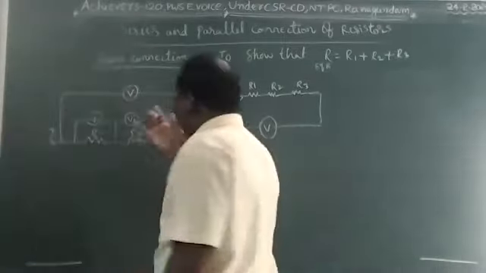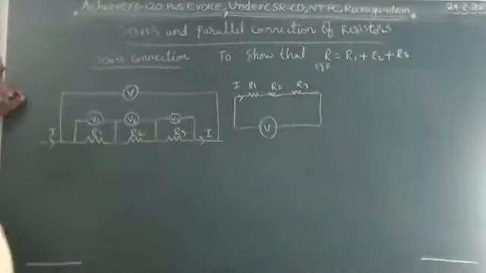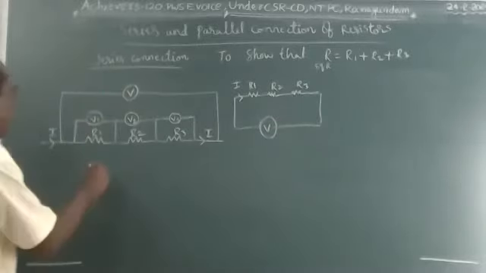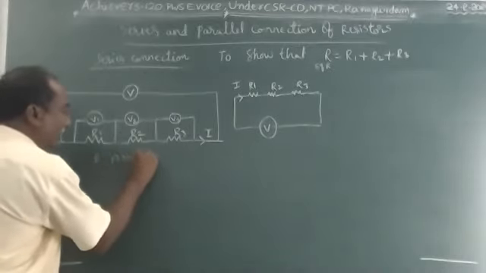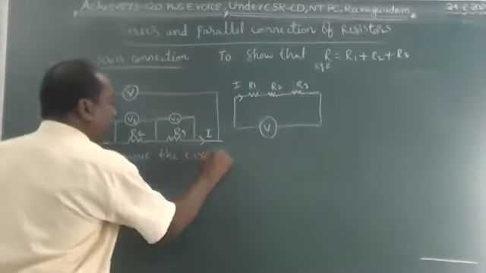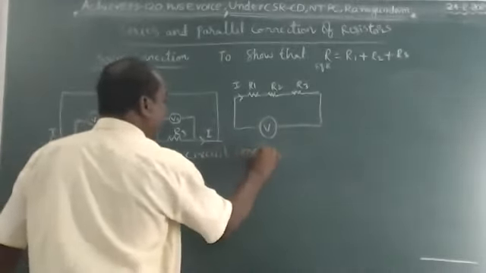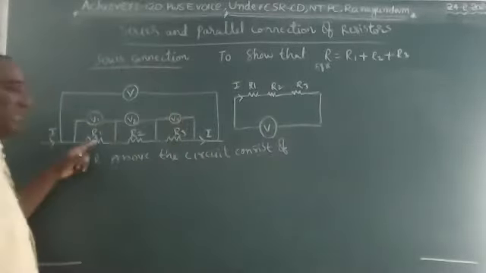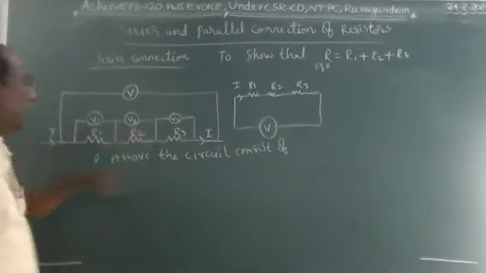First we have to write the statements about the series connection. First point: the above circuit consists of how many resistors? 3 resistors will be there, R1, R2 and R3.